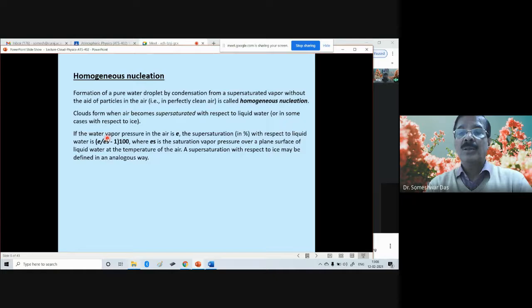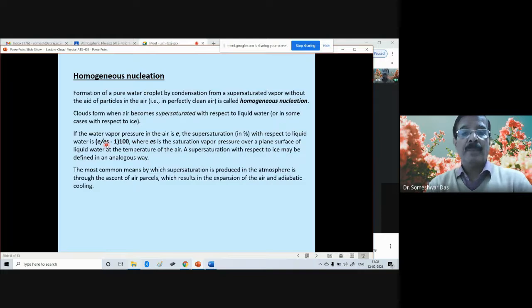So the supersaturation with respect to liquid water can be calculated by this formula, E by Es minus 1 times 100, where Es is the saturation vapor pressure over a plane surface of liquid water at the temperature of the air. A supersaturation with respect to ice may be defined in an analogous way, in a similar way. Okay.